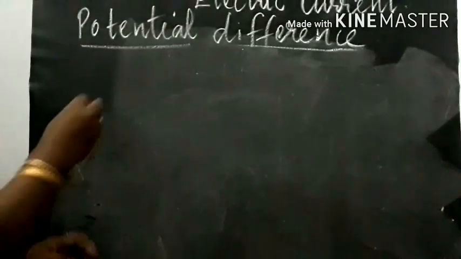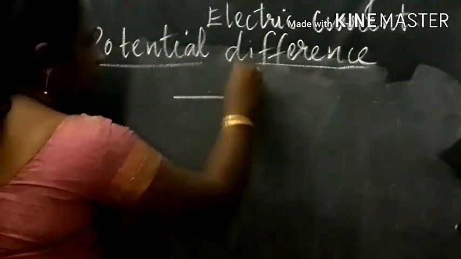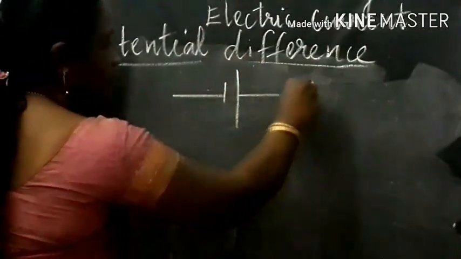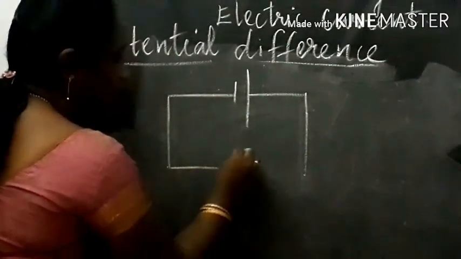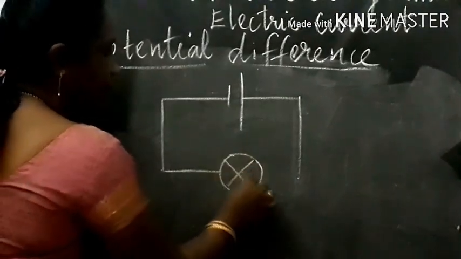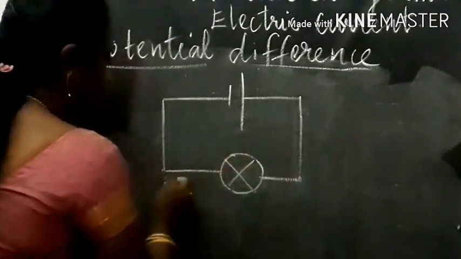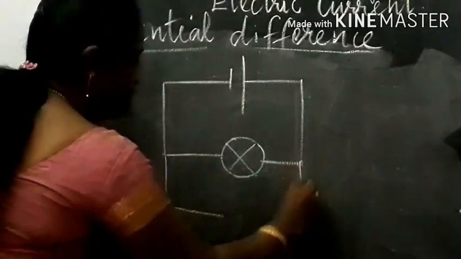Now consider the circuit diagram. So this is a cell connected to a bulb. This is the symbol for the bulb. And it is connected with the voltmeter.